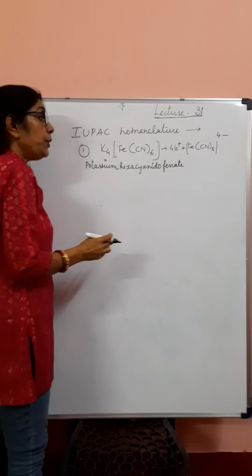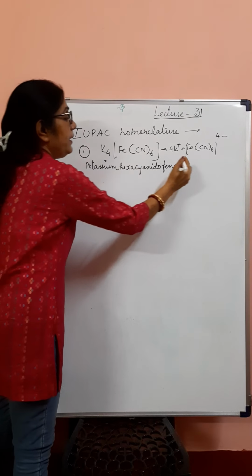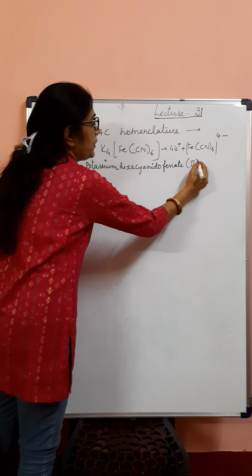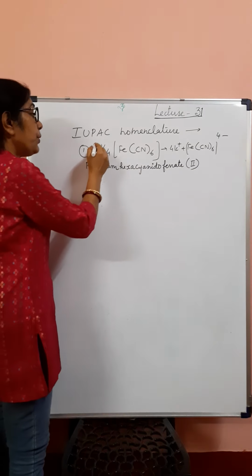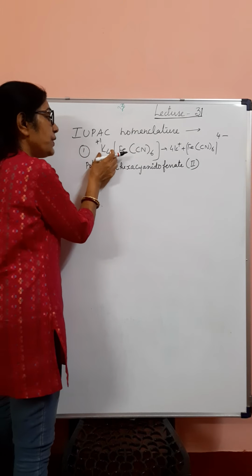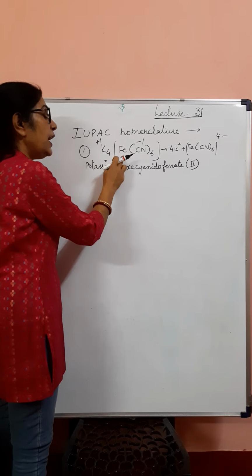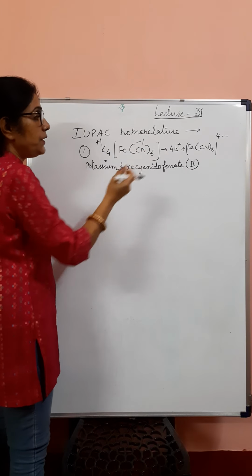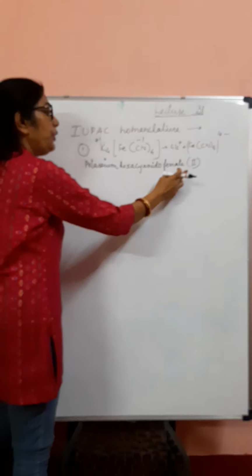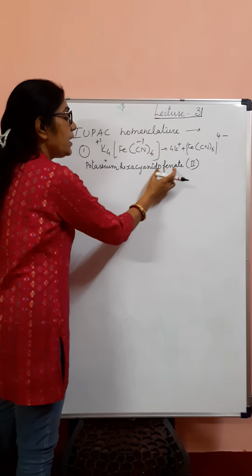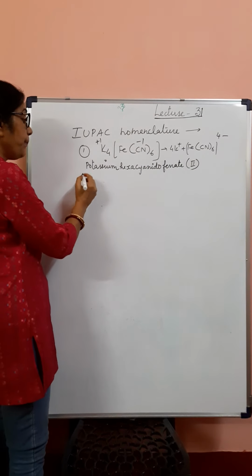Why ferrate? Because the complex is negative. And at last, the oxidation state. How does it come to 2? Because potassium is +1, so this is +4. Cyanide is -1. So 4 plus X plus 6 into -1 is equal to 0. Therefore it is potassium hexacyanidoferrate(II).